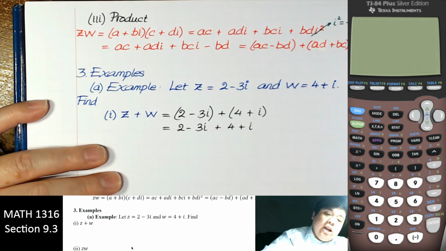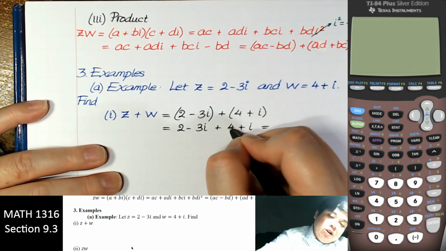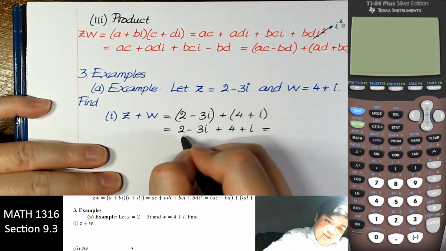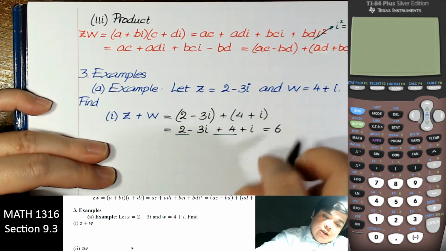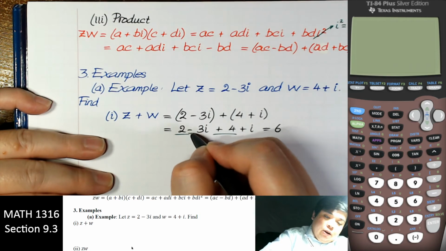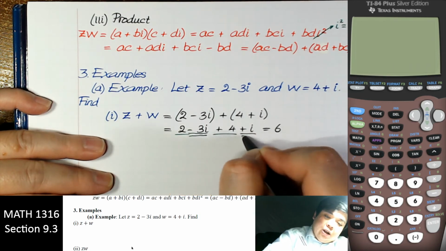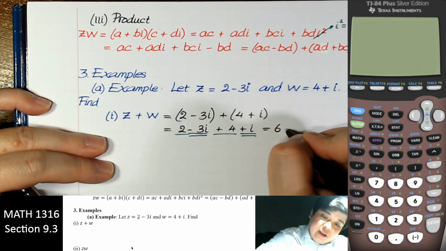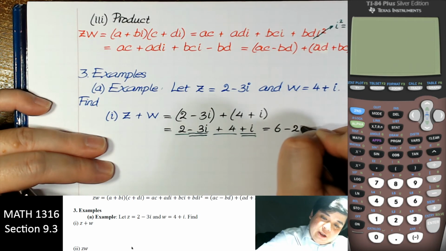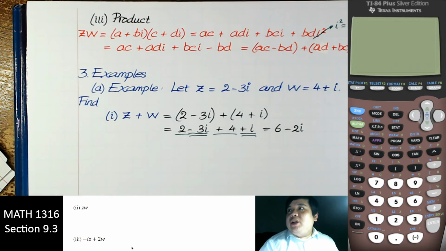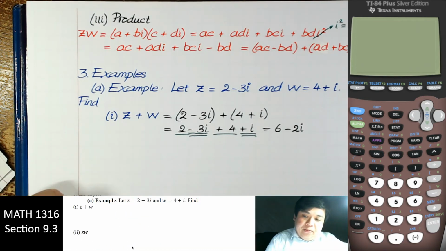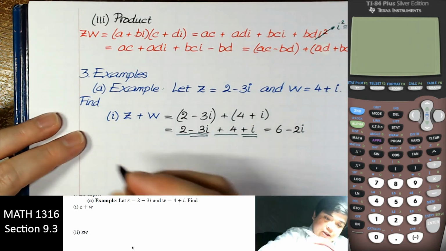Remove the parentheses. Now combine like terms. 2 plus 4, the real parts, 6, minus 3i plus i. So just like that. No need for formulas.